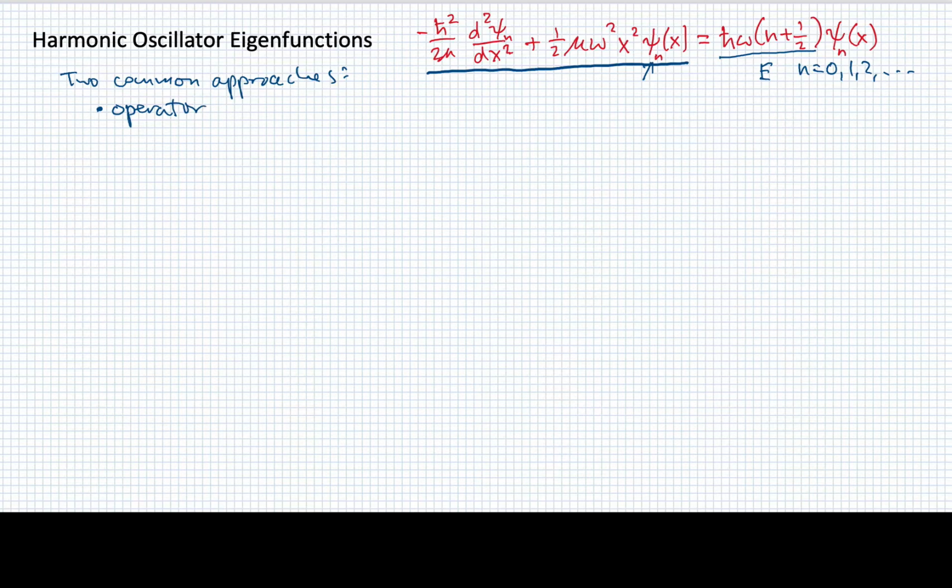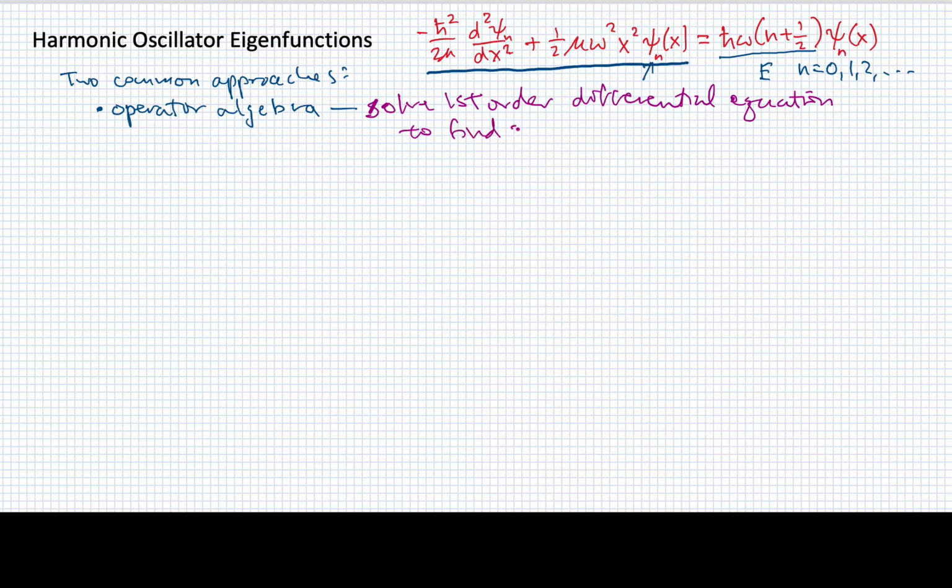One can do some algebra using operators, and this operator algebra can ultimately lead to a first-order differential equation, and that first-order differential equation would enable you to find the lowest eigenfunction. So I'll call that psi 0. Okay, so that's one way you could do it.